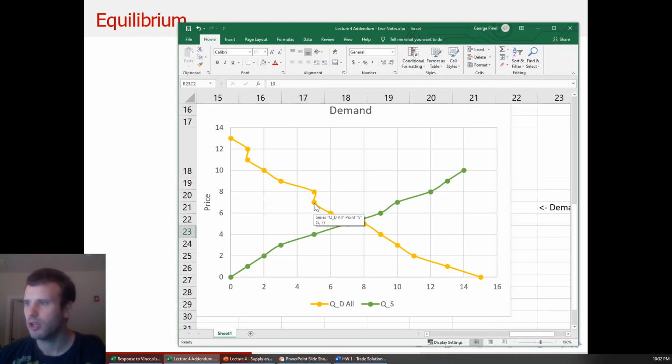Someone wants to sell a hot dog and they're willing to sell it for $4 or more. So these guys can make a trade somewhere between $7 and $4. At this point, someone wants a hot dog for, it looks like, $6, and there's a guy over here who's willing to sell a hot dog for anything over $5. So they can trade somewhere between $6 and $5.